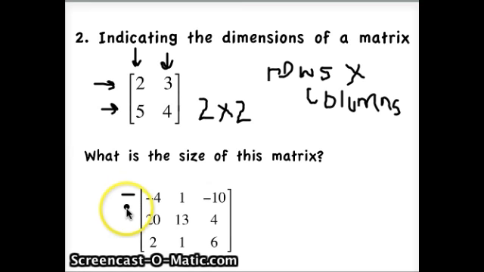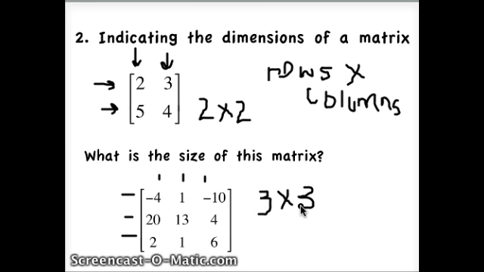Again, we're going to do the number of rows, I'm sorry, 1, 2, and 3, so 3 by, and the number of columns, 1, 2, 3, 3 by 3. So when indicating the size or the dimension of a matrix, we do number of rows by number of columns. So 2 by 2, 3 by 3. Those are the sizes. Notice that they're different.